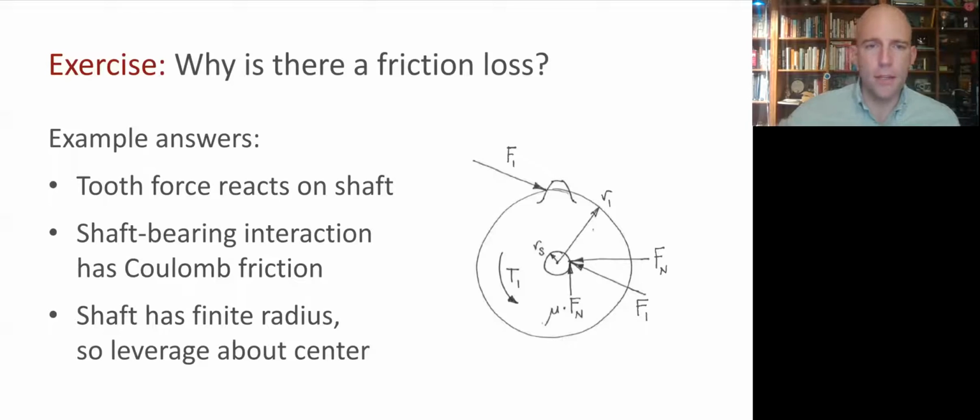And if the driving force of the tooth is tending to cause the gear to rotate clockwise, well, that friction torque is going to be trying to make the gear move counterclockwise. So we'll be fighting the driving torque, and that will cause a loss.